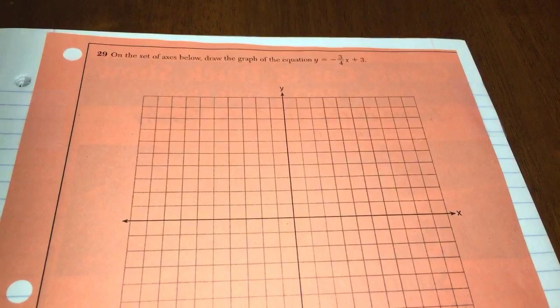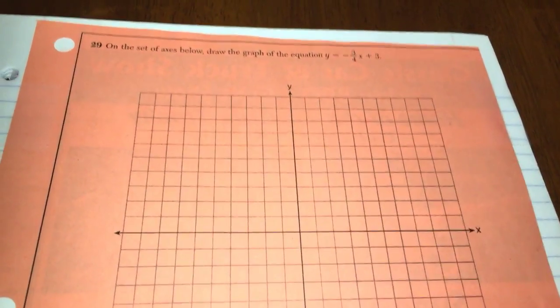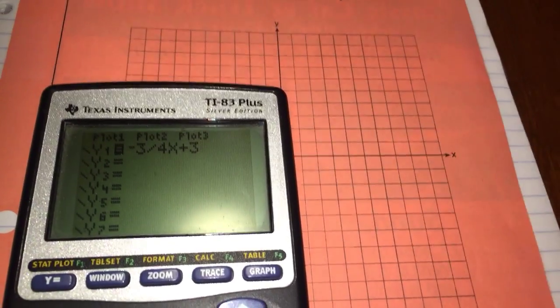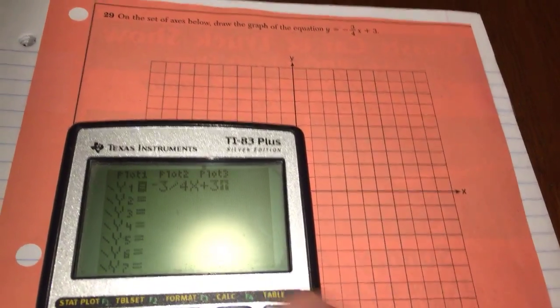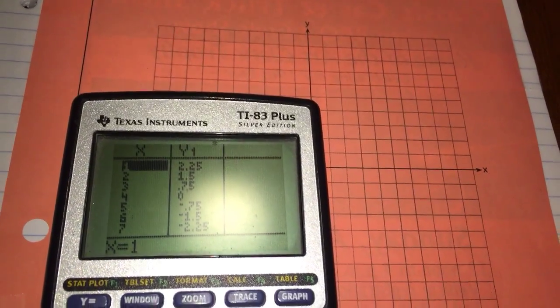On the set of axes below, draw the graph of the equation y equals negative 3/4 x plus 3. To do that, you can plug this equation into your calculator and then go to your table of values and then plot the points if you'd like.